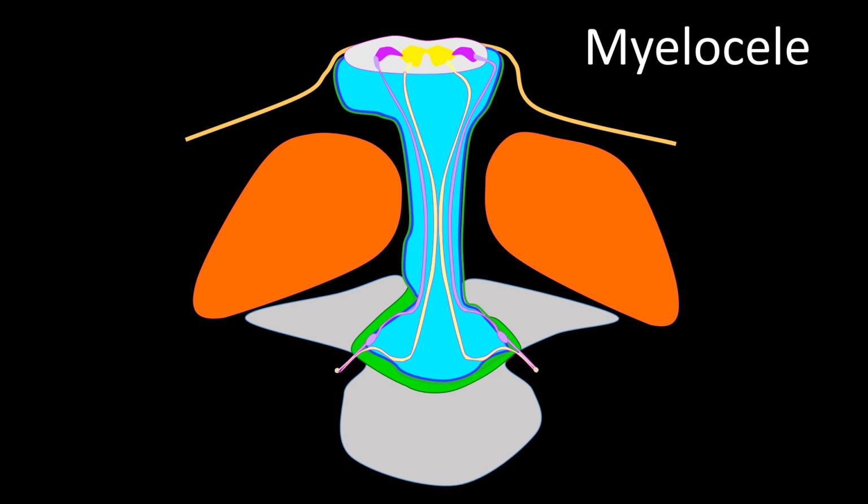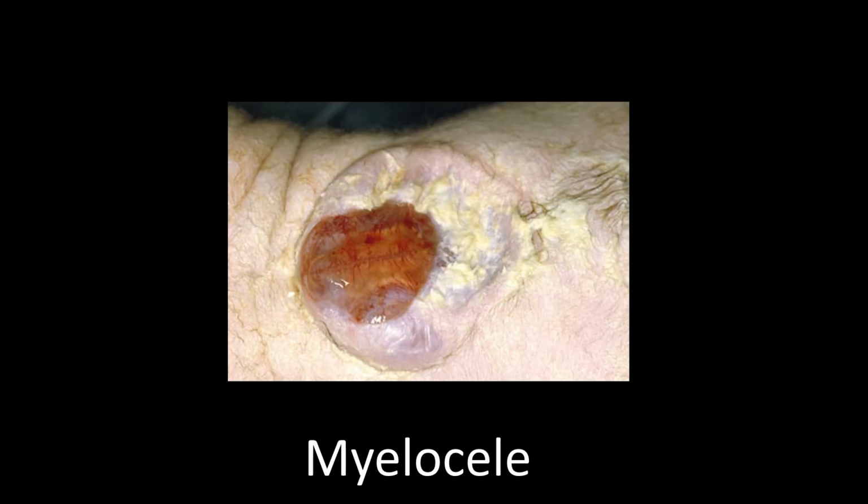In myelocele, the failure of posterior neuropore closure leads to an abnormal position of the posterior horns by the side of the anterior horns, and exposure of the neural plate to the external environment during extrauterine life. This is a photograph of such an occurrence.